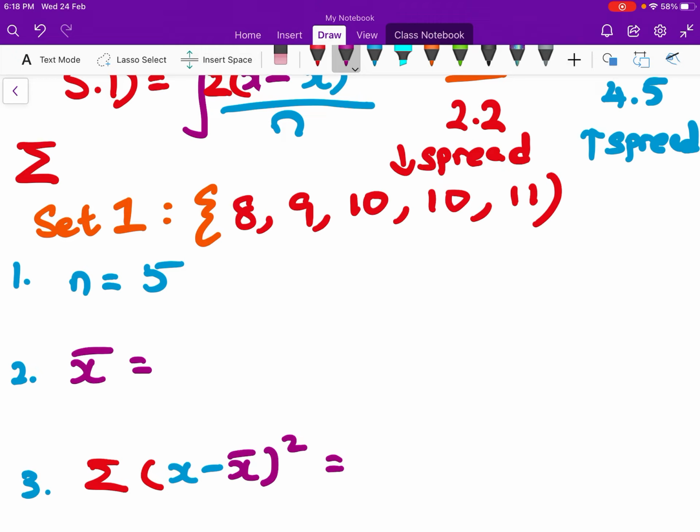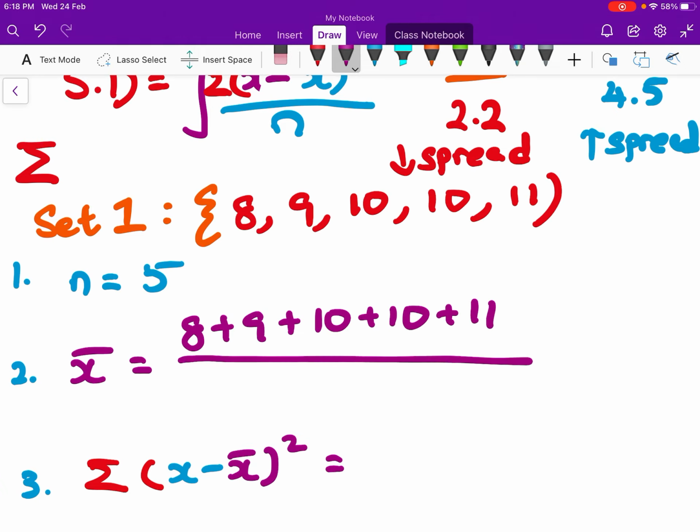First of all, we add up everything: 8 plus 9 plus 10 plus 10 plus 11, then divide by the number of data. Let me add up. My answer, my mean, is about 9.6.